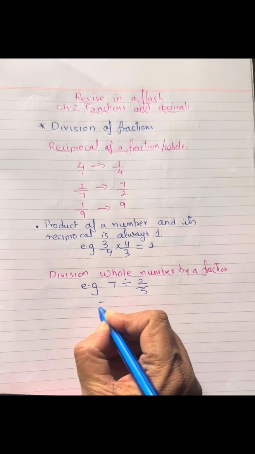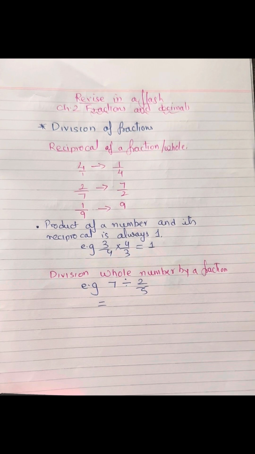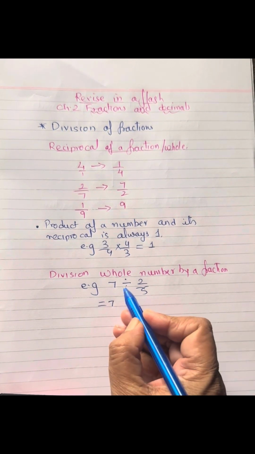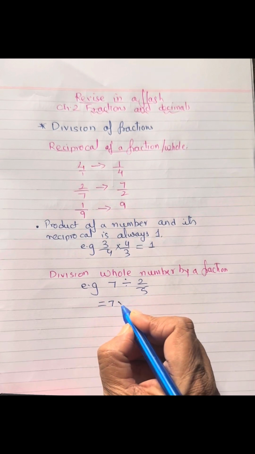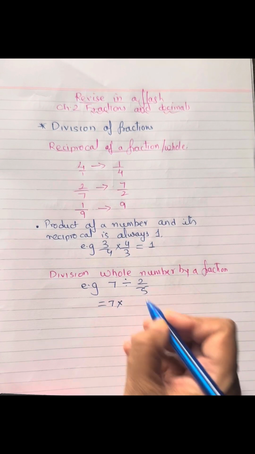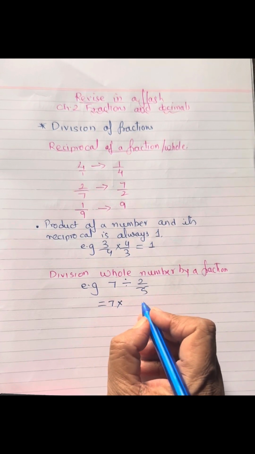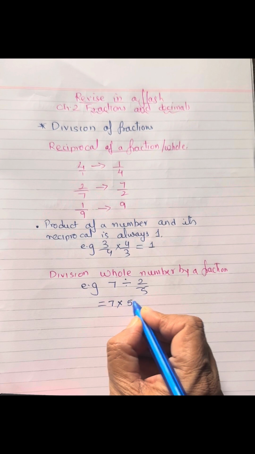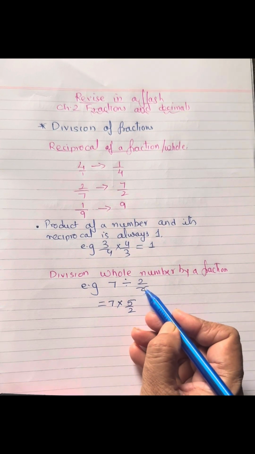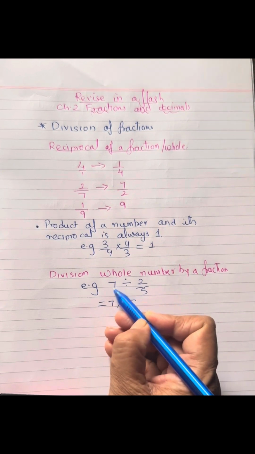So the first step is different; otherwise, the next steps are similar to what we did in multiplication. 7 will remain as it is. You need to change this division sign into a multiplication sign. Then write the reciprocal of the right side number, the divisor. So 2 upon 5 becomes 5 upon 2, right? Very important, remember: always write the reciprocal of the divisor, not the dividend.